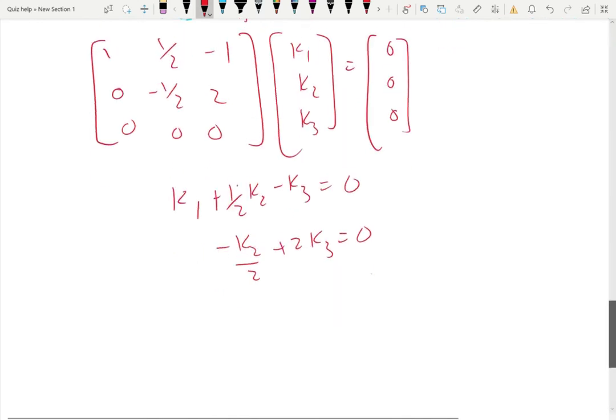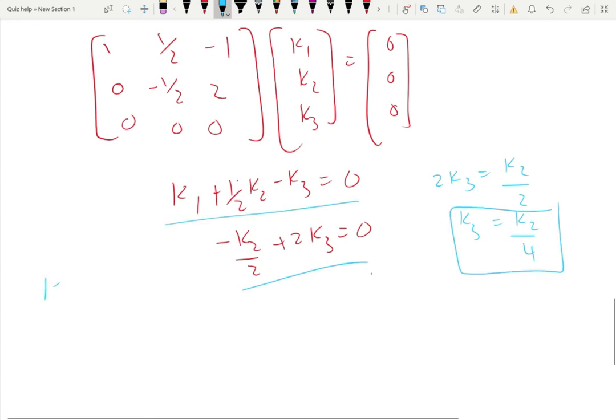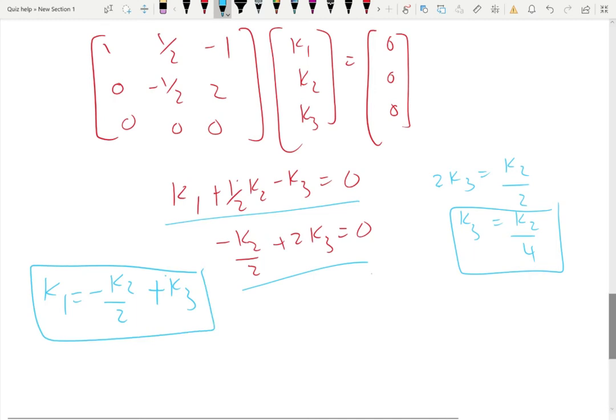This is a little bit complicated, right? It's okay. So from the second equation, 2k3 is equal to k2 over 2. So k3 is, if you divide by 2, k2 over 4. From the first equation we can see k1 is negative k2 over 2 plus k3.